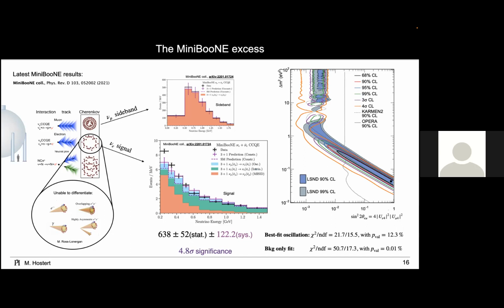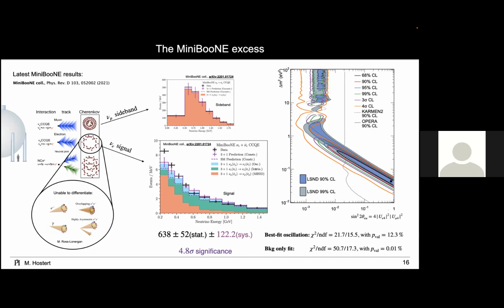You see the region of preference for MiniBooNE in solid curves, overlapped with the regions of preference for LSND as the colored regions. So naively, if you look at this plot, you'd be tempted to conclude that MiniBooNE and LSND point to the same oscillation parameters and that we have discovered a sterile neutrino.